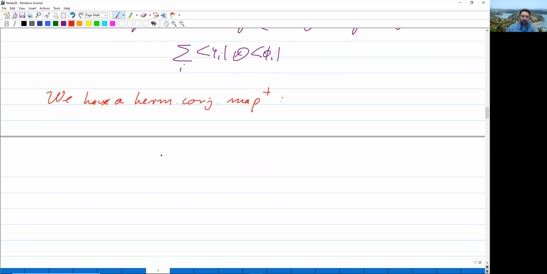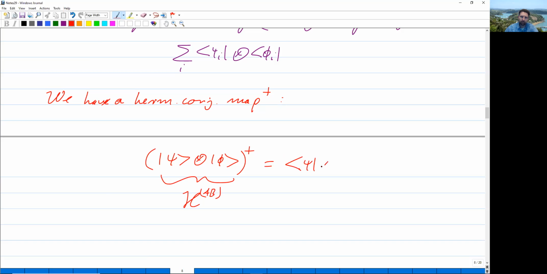Well, when we apply it to psi tensor phi, which is a vector in our Hilbert space HAB, we get this vector, psi star tensor phi star, which is an element of HAB star.